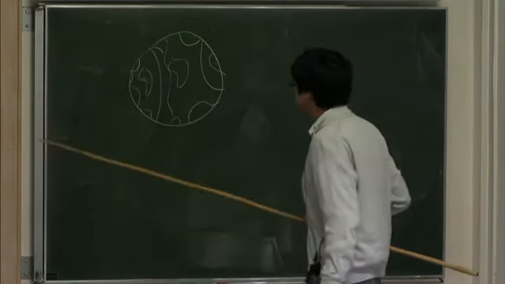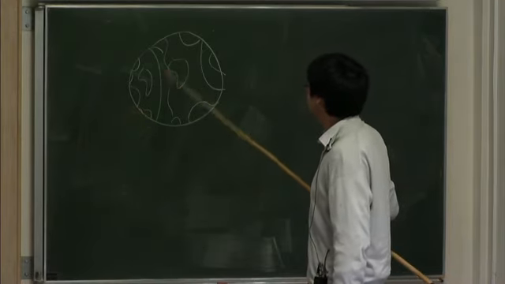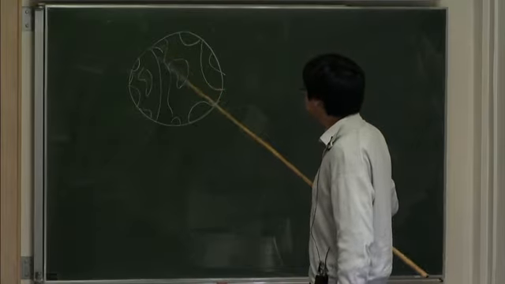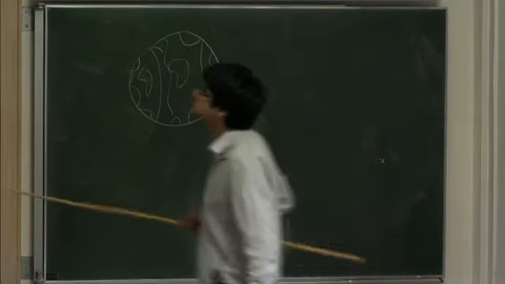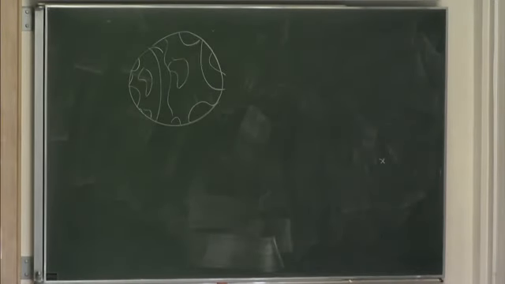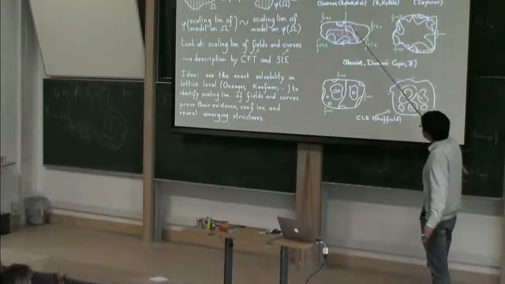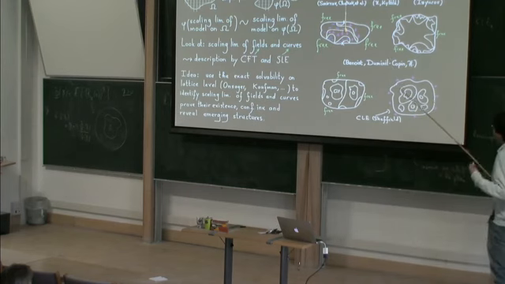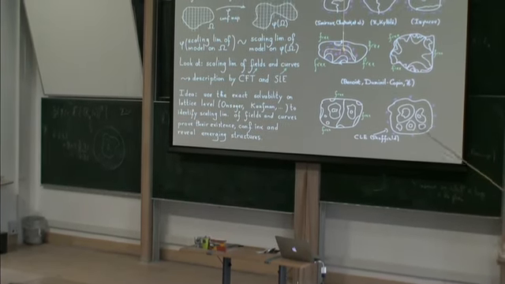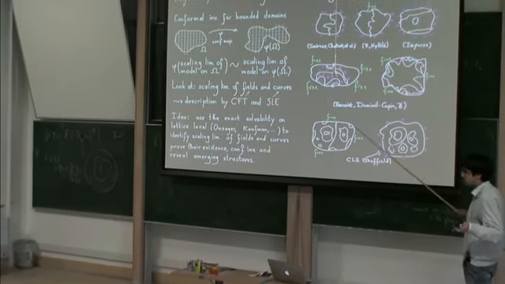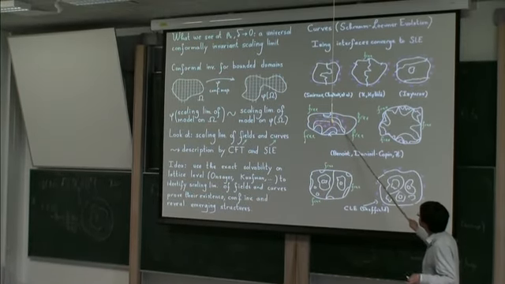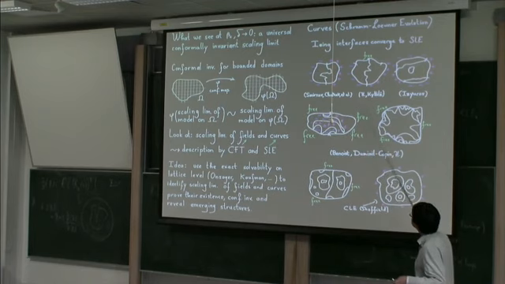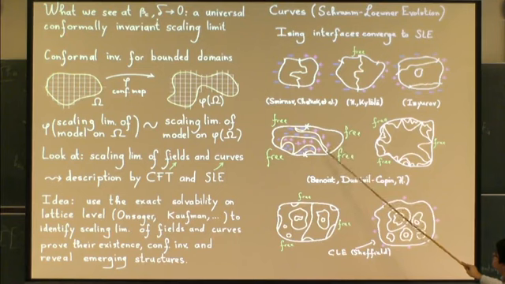And the question we addressed was, what is the collection of all these curves that go from the boundary to the boundary, analogously to those? What is the collection of all of them if you have free boundary conditions? And we could address this question using some sharp estimates about the way interfaces behave near the boundary, and using the result saying how interfaces behave when they are far from the boundary.